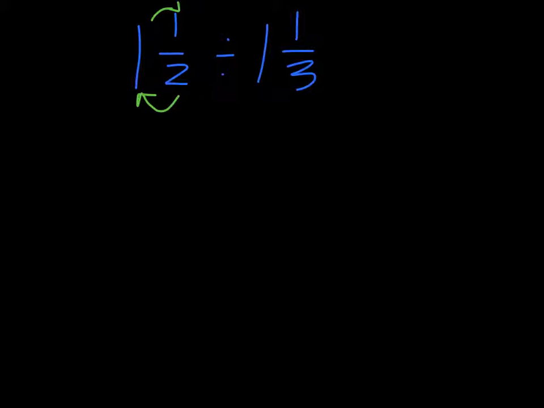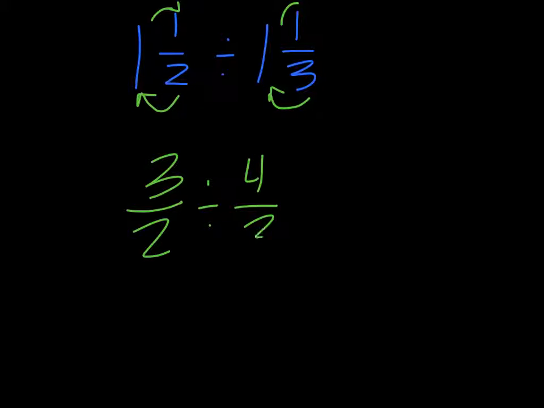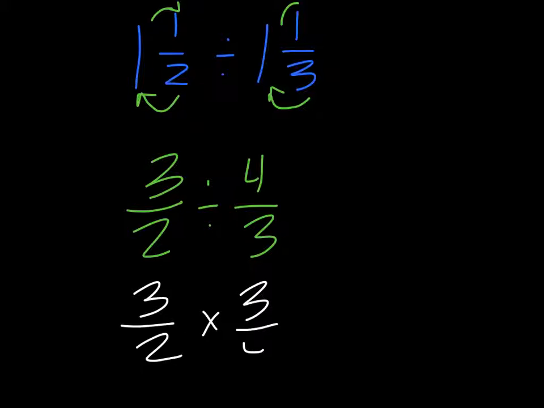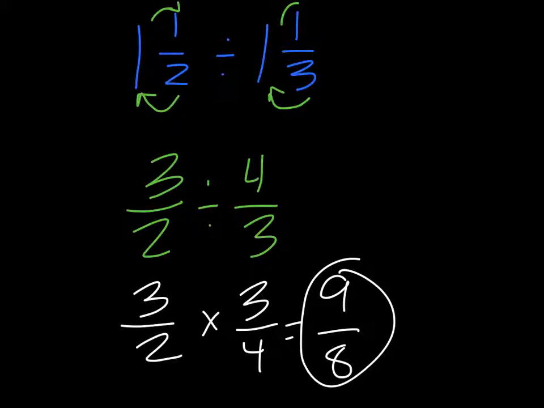So 2 times 1 is 2, plus 1 is 3, denominator stays the same. 3 times 1 is 3, plus 1 is 4, and then we can keep, change, flip. And we multiply our top numbers, multiply our bottom numbers, and we can leave our answer like that.